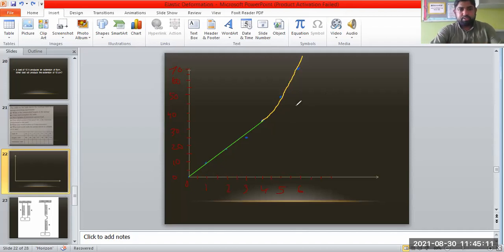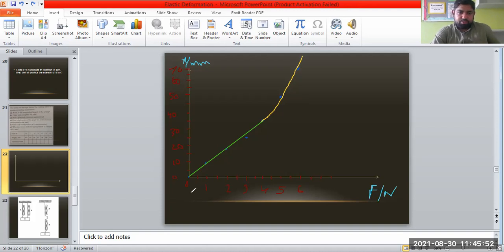Because it was given in the question that you have to plot extension against load, I've considered extension here, E or X, in, I guess, millimeters, against load, which can be considered as F, force, in newtons. Okay, so I have plotted the data.